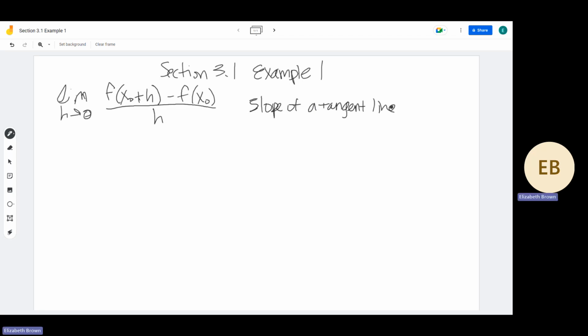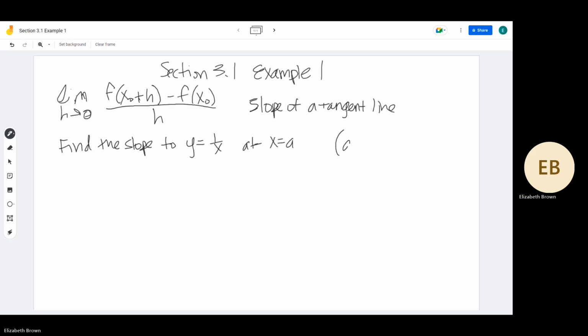Okay, so our first example is find the slope to 1 over x. So our function is y equals 1 over x, and we want to do it at the point x equals a. Okay, so in this case, what we're saying is that our x sub 0 is a.